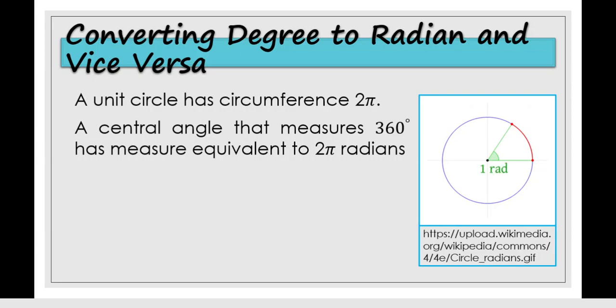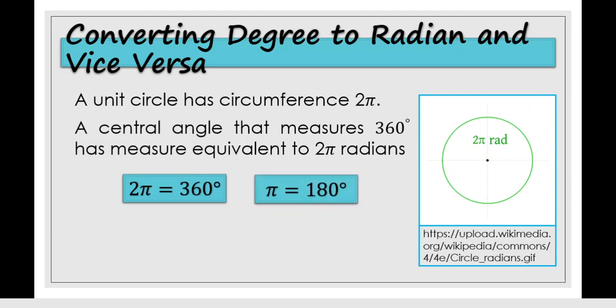So, syempre, if our central angle covers the whole circle, then the measurement must be 360 degrees. And since the circumference of the unit circle is 2 pi, therefore, 2 pi is equal to 360 degrees. Or we can say that pi is equal to 180 degrees.